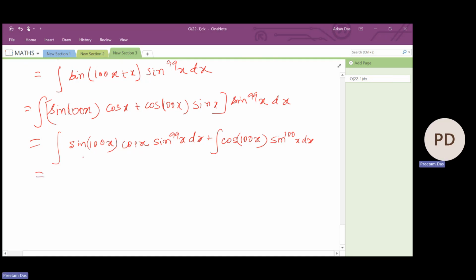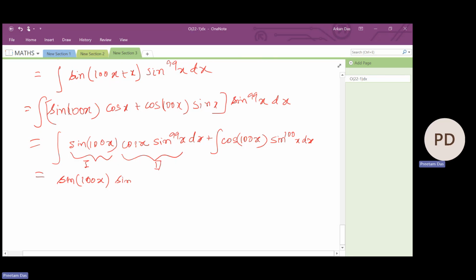Now in this one I can use integration by parts. I can consider this as the first function and this as the second function. So what happens when you do by parts here? You'll get sine 100x as the first function and then integration of the second function. Integration of the second function is very easy.